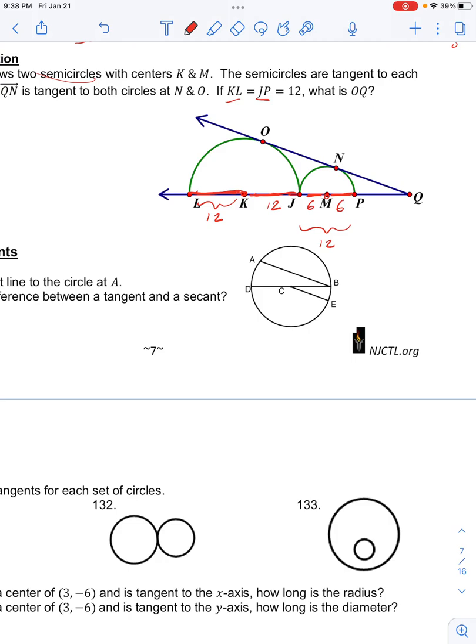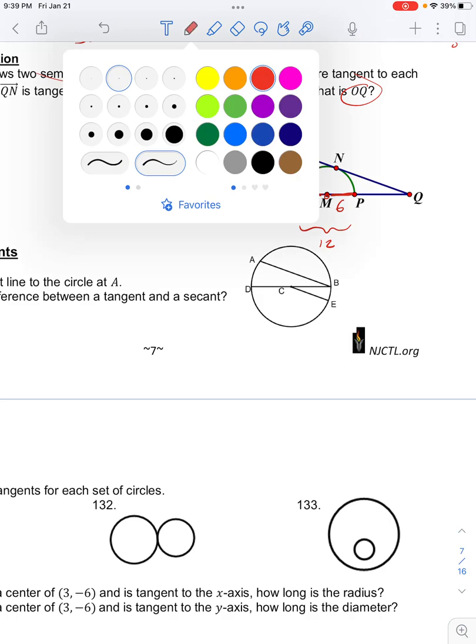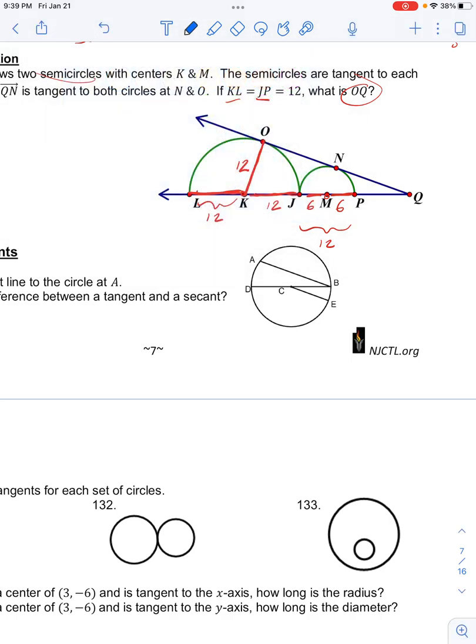And they ask, what is the length of OQ? So OQ, if we draw a radius from K to O, and we know this radius is equal to 12, then OQ is a side of a right triangle formed with this tangent line, this radius, because a radius touching at the point of tangency will form a 90-degree angle with the tangent line.